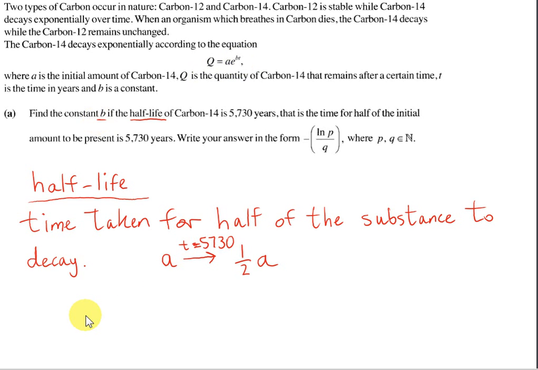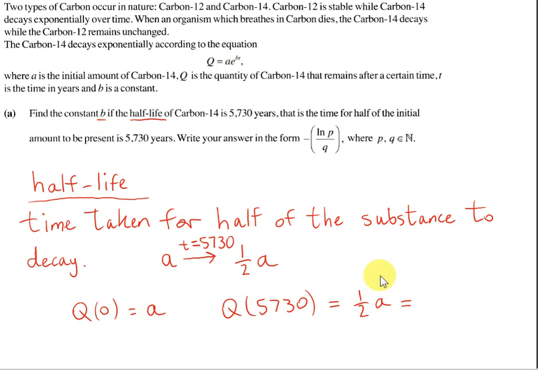So let's go to this formula here. Well, Q at time 0 we know is A, but Q at the half-life time, that's 5,730 years later, is going to be half of whatever A is. We don't know what A is. But, of course, we can use the full formula to get an expression for this.